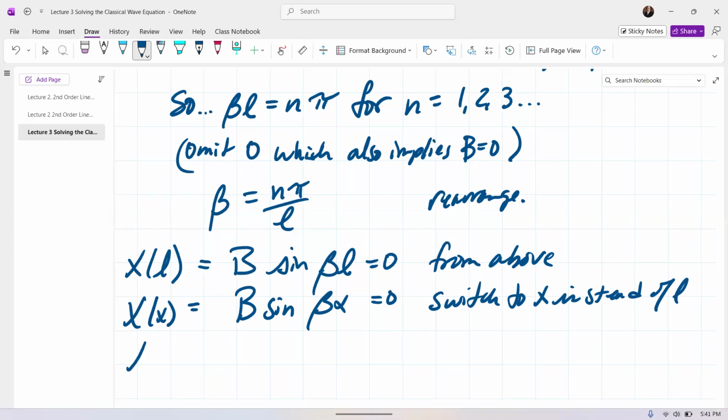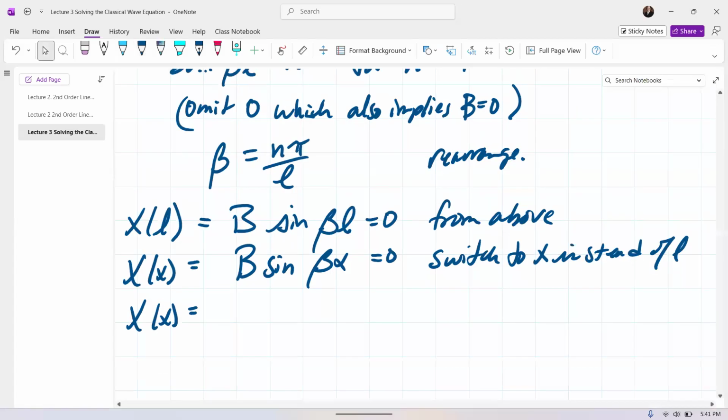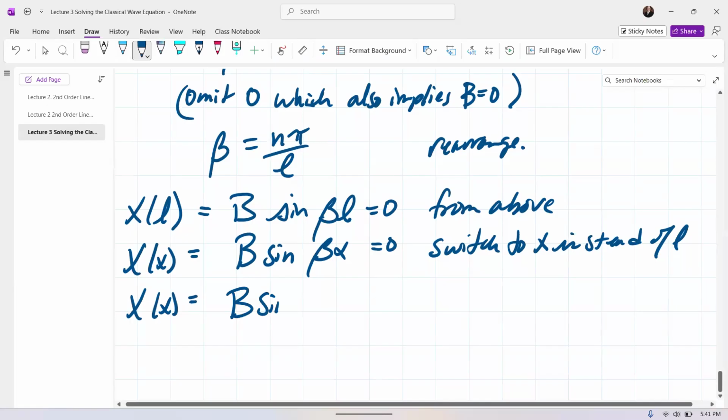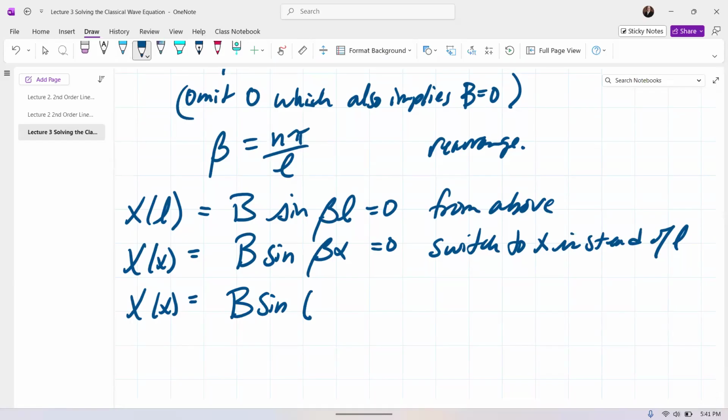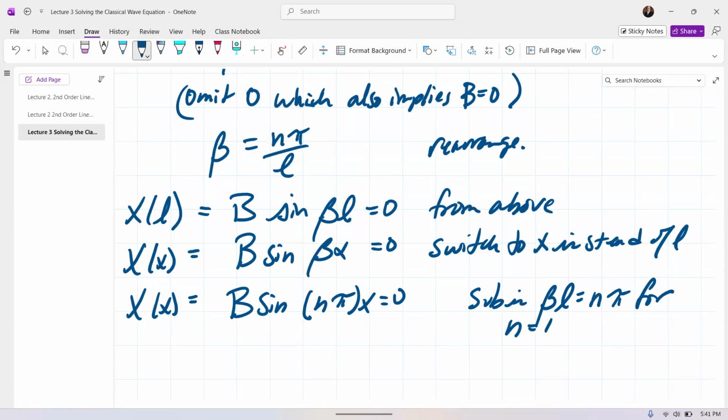Okay, x of x equals B sine n pi x equals 0. Sub in beta L equals n pi for n equals 1, 2, 3, and so on.